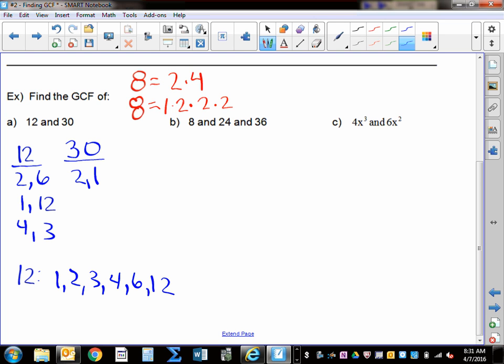Yeah, 2 and 15. What else? 3 and? 10. What else? 5 and? 6. One more. 1 and 30. Good. I forget about that. Alright, again, if we were to write it out this way, we have 1 and 30, 2 and 15.